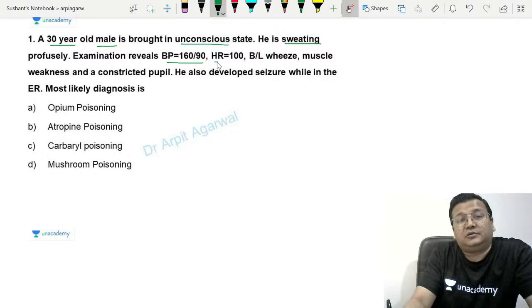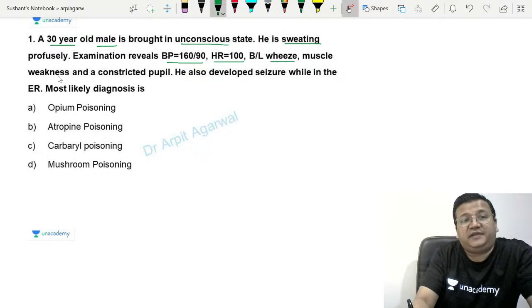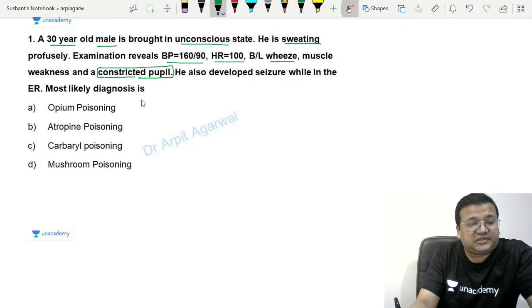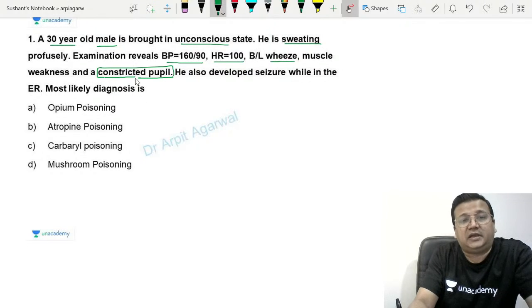Heart rate is also high, 100 beats per minute. Bilateral wheeze, muscle weakness and a constricted pupil. This is our most important clue in the question. He also developed seizure while in the emergency room. What is the most likely diagnosis?